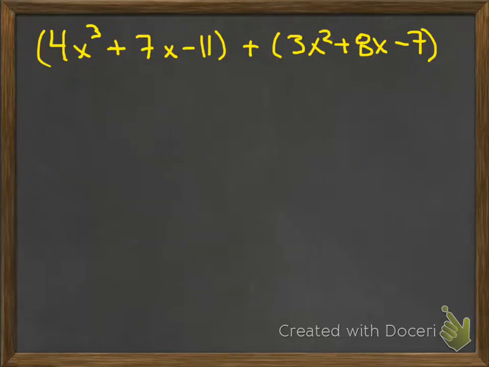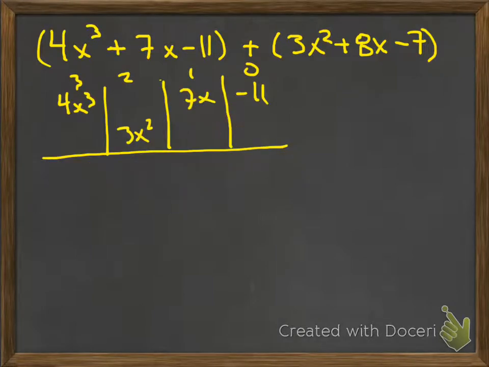Another example, we can see here that you have 4x cubed plus 7x minus 11, plus 3x squared plus 8x minus 7. Now if I look at both parentheses, the highest exponent I see is a 3. So if I divide this up, I should have it like this: 3, 2, 1, 0.